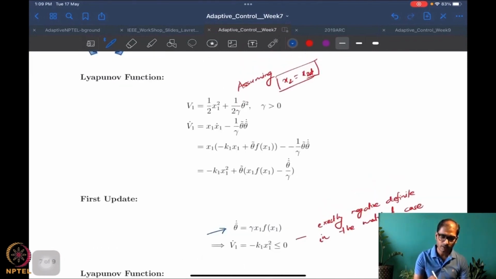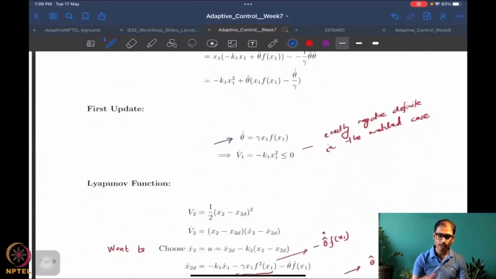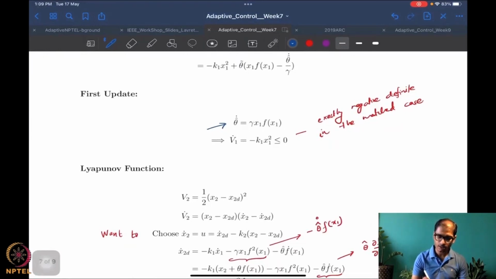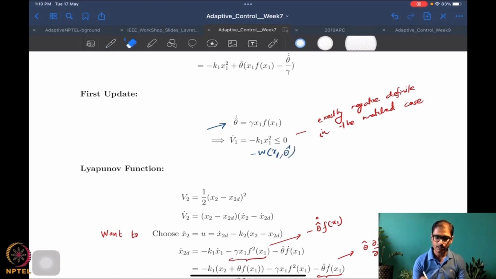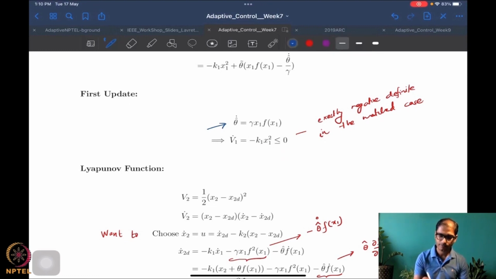There is a V function which is this, and V dot is less than or equal to minus W, which would also depend on theta hat, but the point is it is negative semi-definite. The key point to remember is that it's negative semi-definite.